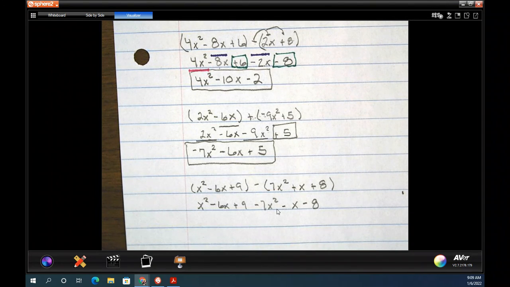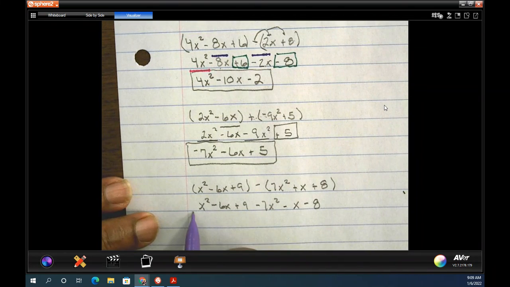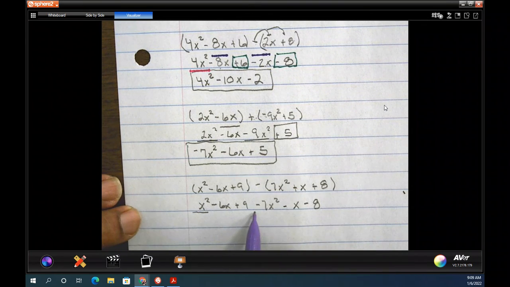That's what you should have gotten when you distribute the negative sign. Now, combining like terms. Coefficient in front of here is 1. So this is 1 minus 7x squared, which gives you negative 6x squared. Then you had negative 6x, negative x.